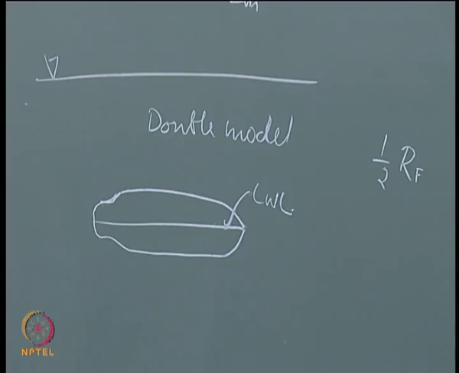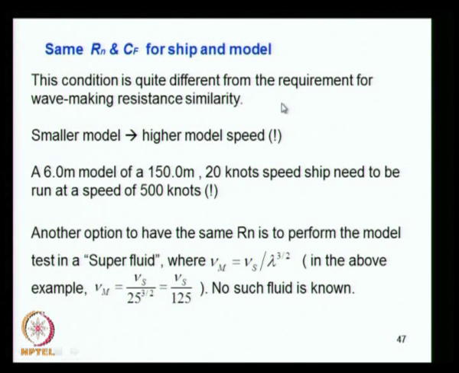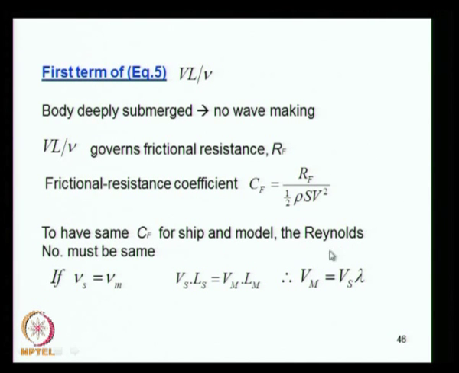So the condition is quite different. The relation you have seen for Reynolds number satisfaction is different from the satisfaction of the Froude number between ship and model. So here, if you use a smaller model, the model scale lambda is high, so then the model speed will be higher. If you look at this relation, if you go for a smaller model, it means lambda is high.